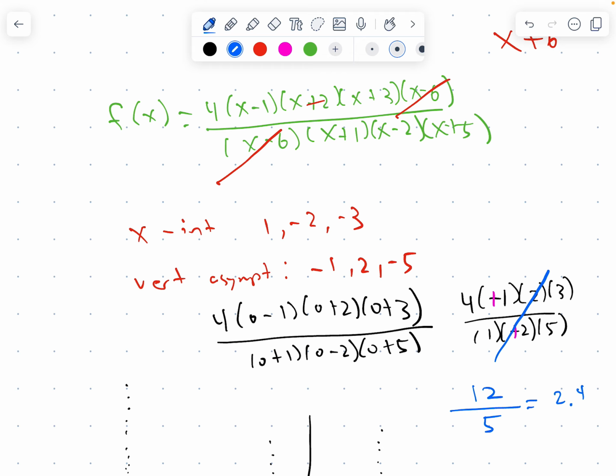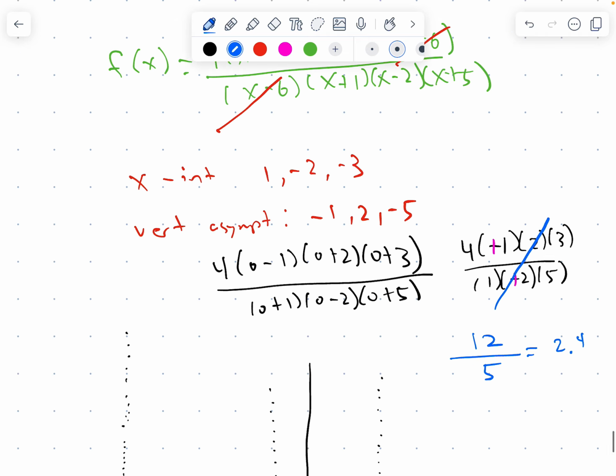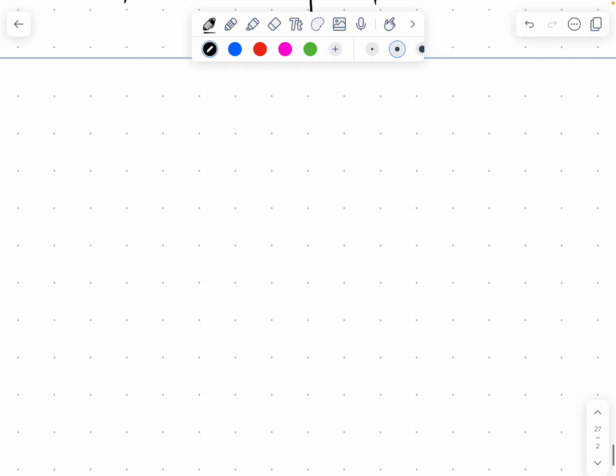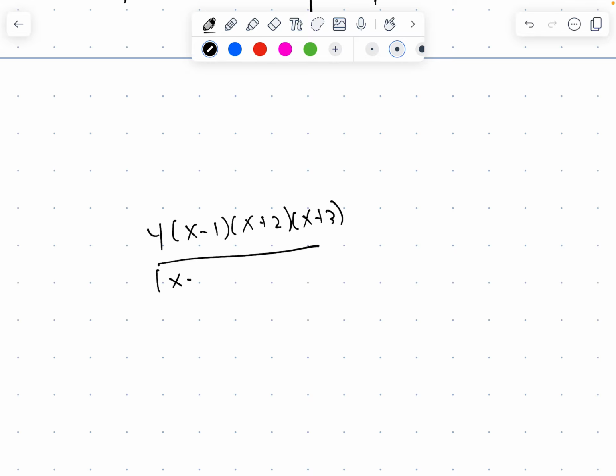And now the next one, the y value when x equals infinity. So if you plug in infinity, let's go down and do it here. We have 4(x - 1)(x + 2)(x + 3) on top, and on the bottom, we've got (x + 1)(x - 2)(x + 5).